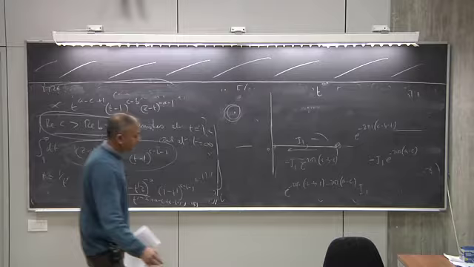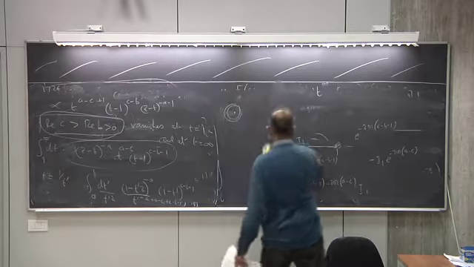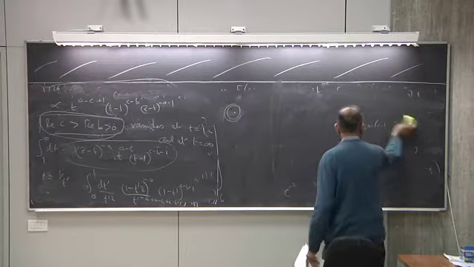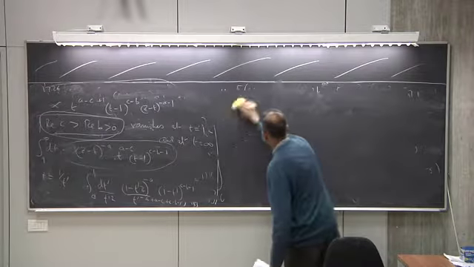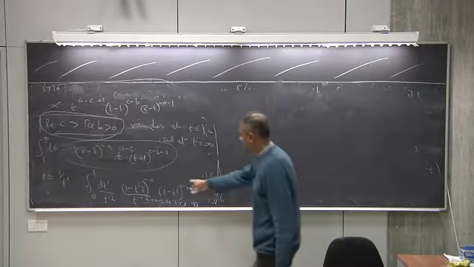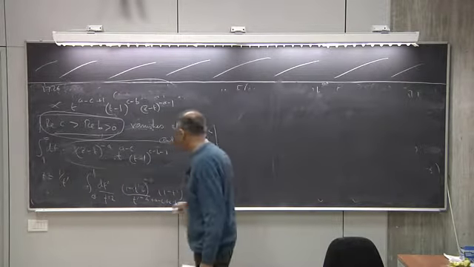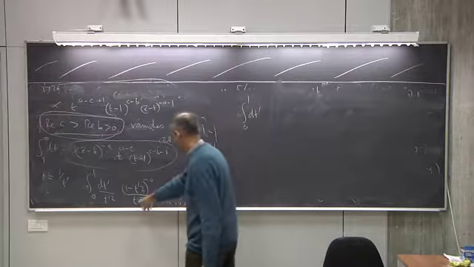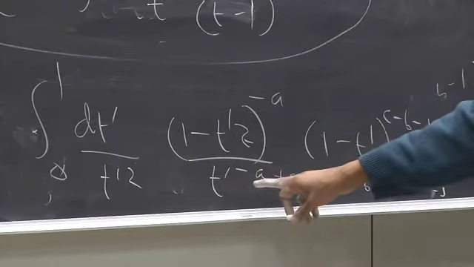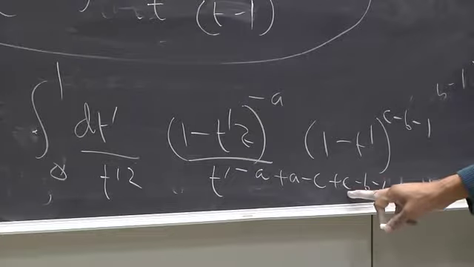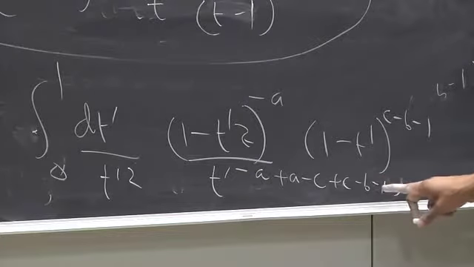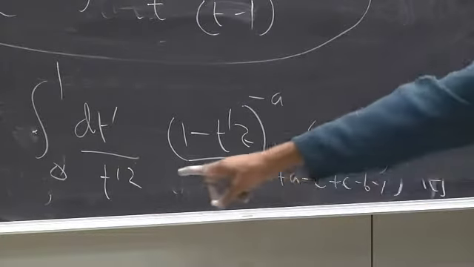So this integral is, I'll try to show you how this is producing this. So let's combine everything. So you get dt prime 0 to 1. Now what is the power here? Minus a cancels, minus c cancels. So you have minus b, minus 1, plus 2.